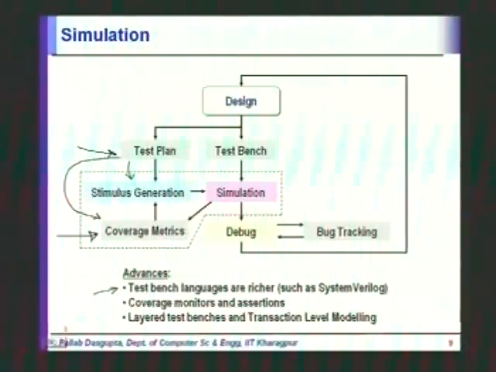That's very nice because it helps you in modeling very complicated scenarios. And then there are coverage monitors and assertions, which we are going to study. And then test benches have become layered, and there is a term called transaction level modeling, which has become very popular. We will talk about these things in due course of time.